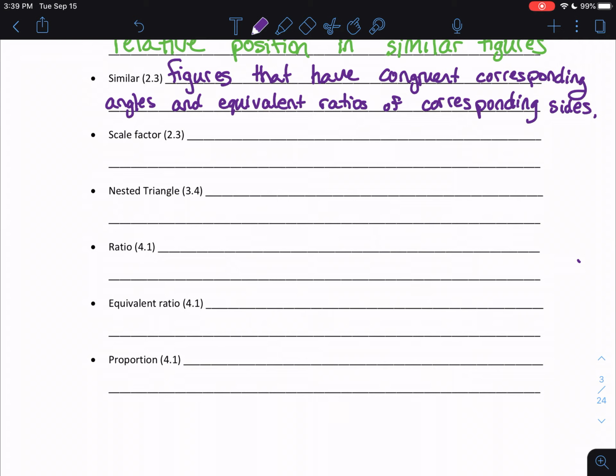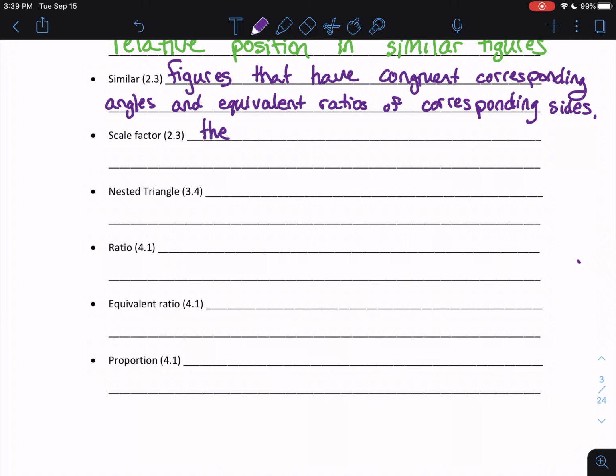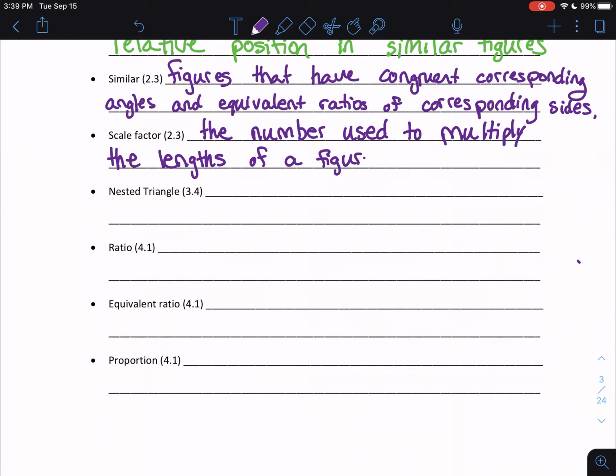What you need to know is that a scale factor is the number used to multiply the lengths of a figure to stretch or shrink it.